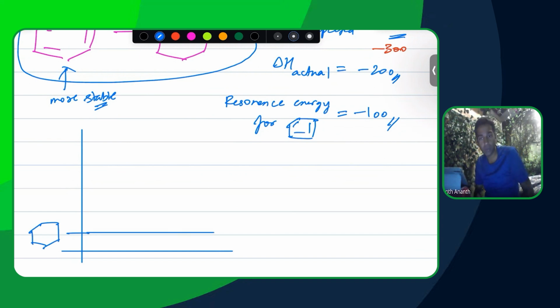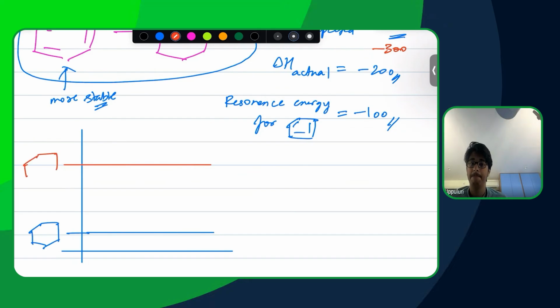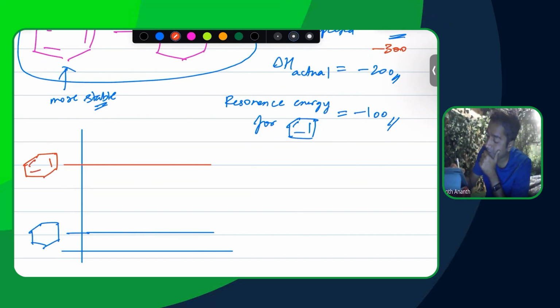This is my level for cyclohexane. My benzene expected is at this level. So I had an expectation value of this much. This is my delta H expected.